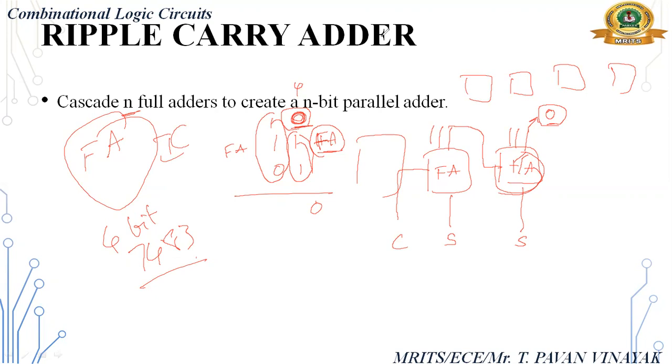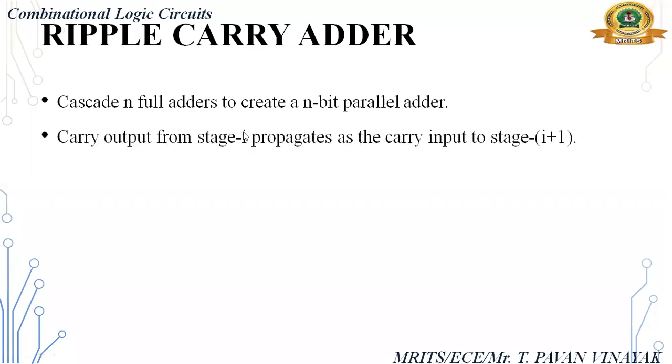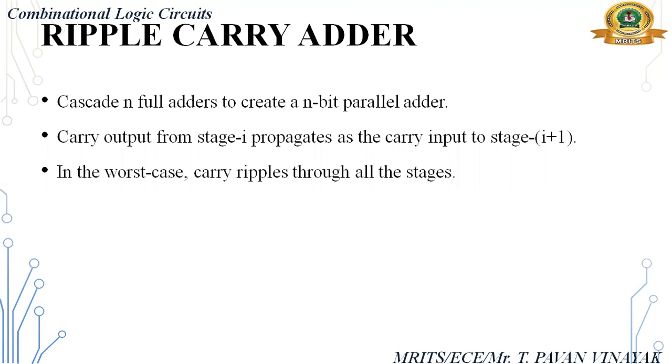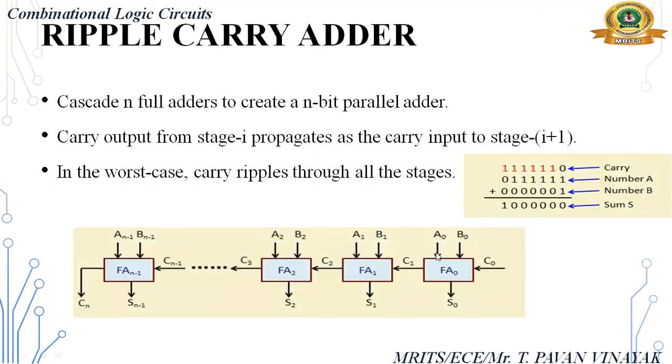See, cascading full adders: the output carry propagates from one stage to another stage. Like this, the first full adder's output carry is given to the second full adder's input. Like this you have to generate this circuit.